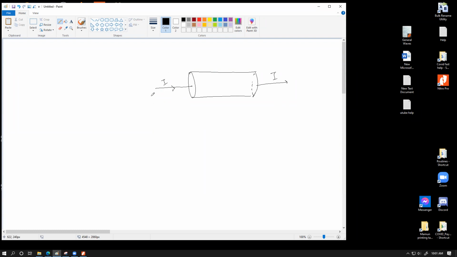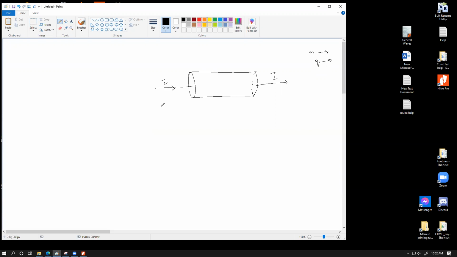So this current can be expressed in terms of the number of charged particles that exist per volume of this object. Simply what I'm trying to mean is that if you have more electrons passing, you'll have more current. If the charged particle's charge is higher, then you're going to have more current passing as well.